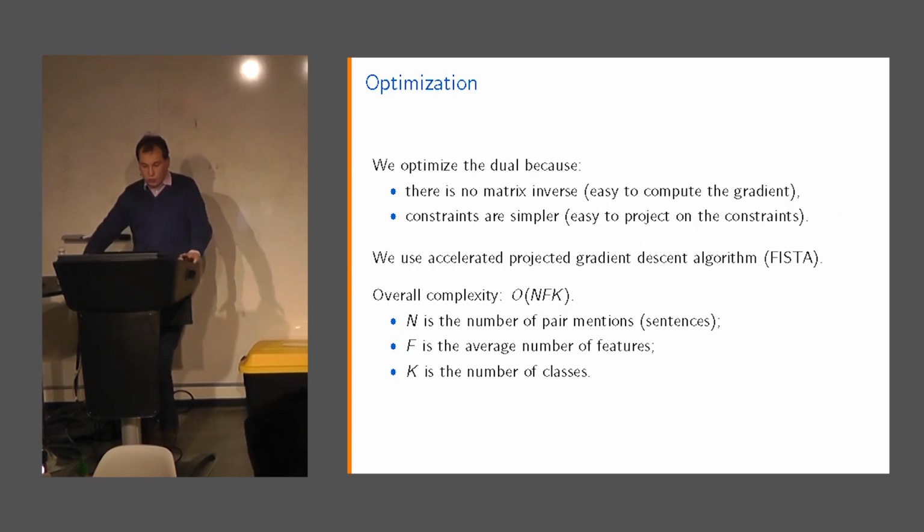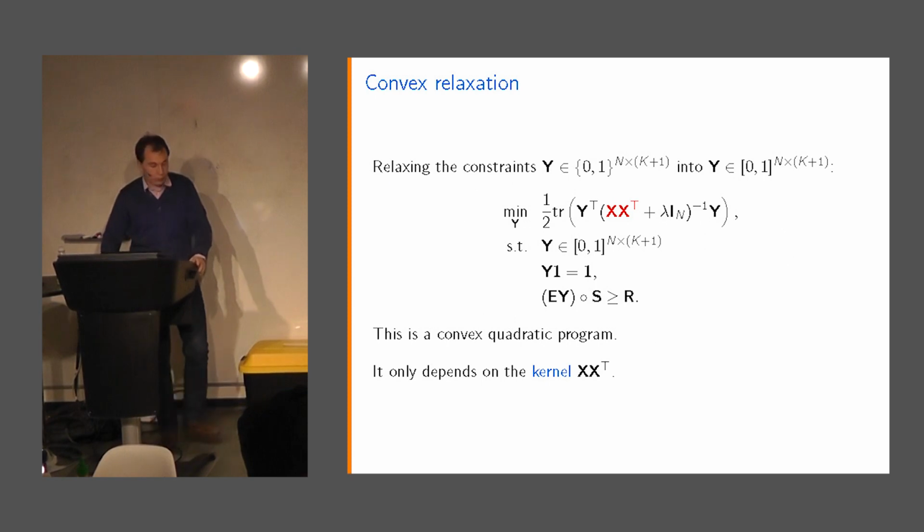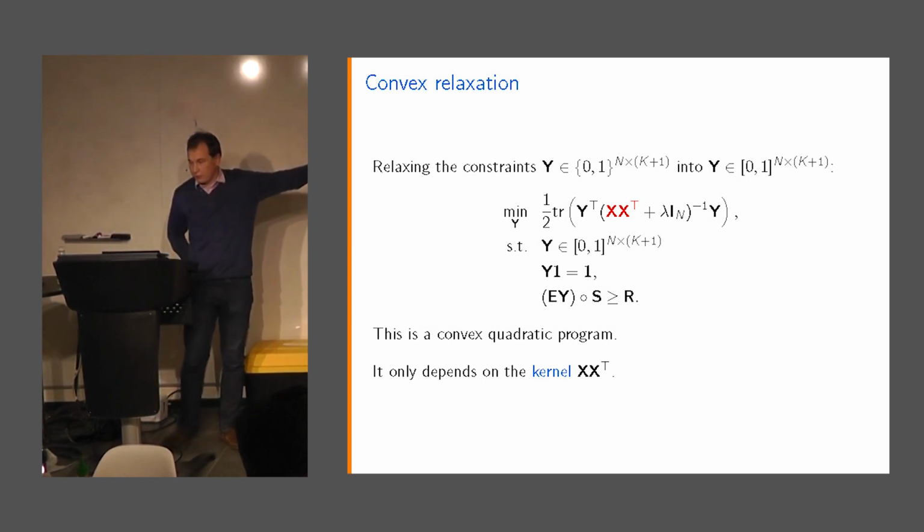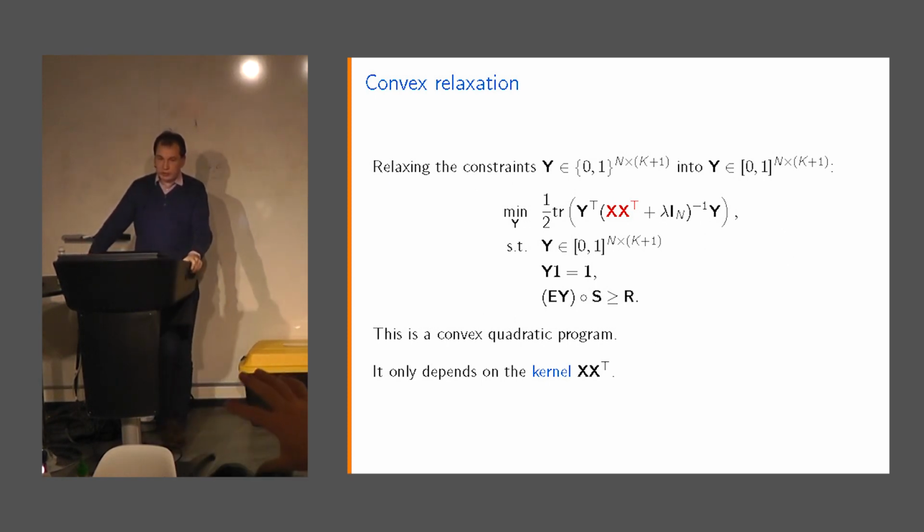So, a very quick word about optimization. In that case, it's actually easier to solve the dual than the primal problem, because in the primal problem you have this matrix inverse, which is kind of a problem.